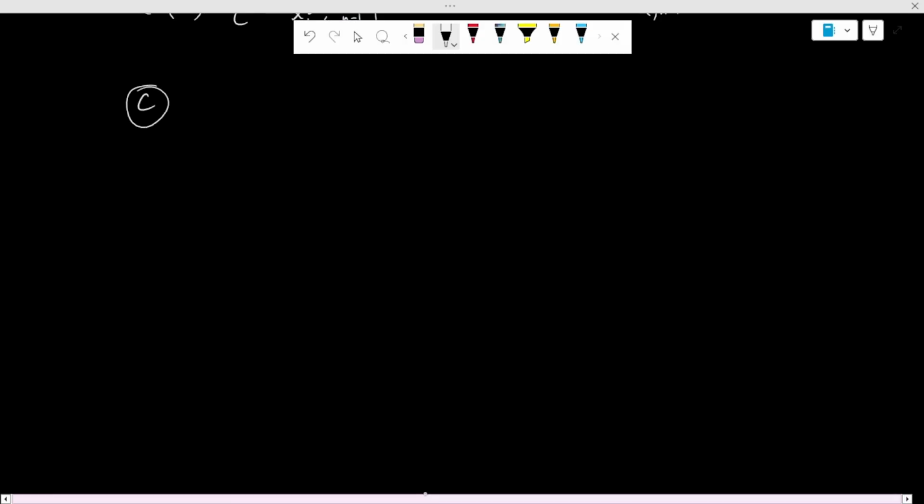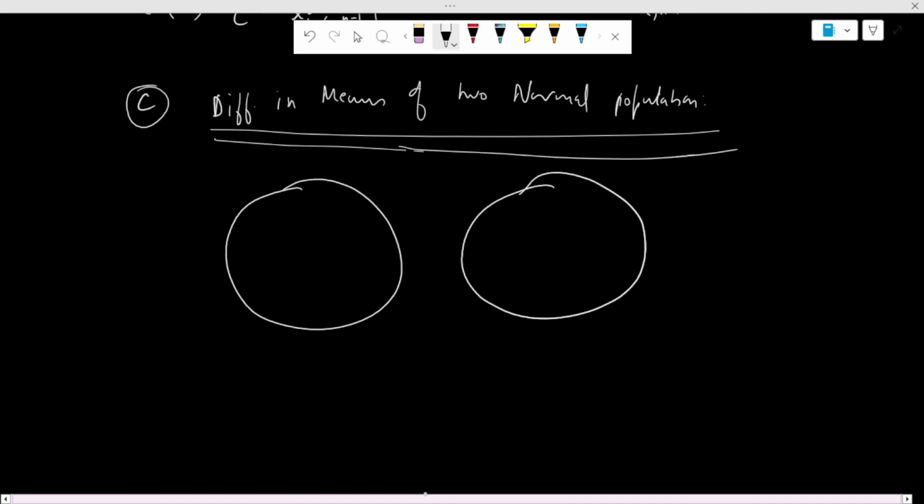Now let us calculate the confidence interval of the difference in the means of two normal populations. We have two independent normal populations. The first one is X with mean mu1 and variance sigma 1 square, and the second is a normal population with mean mu2 and variance sigma 2 square.